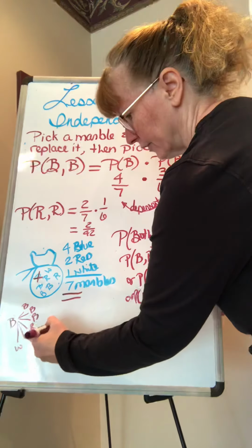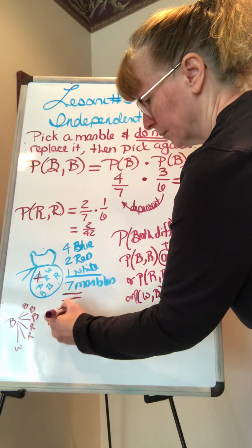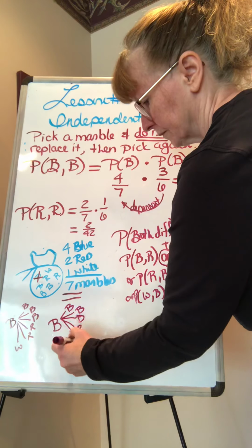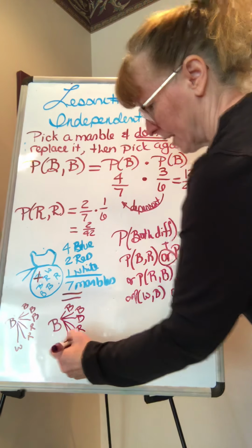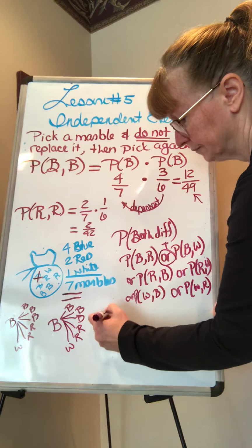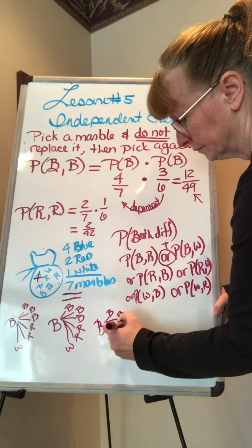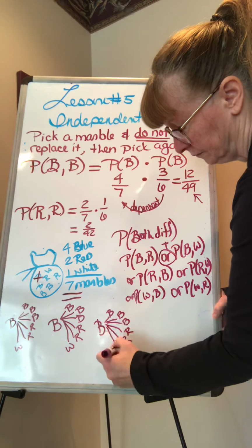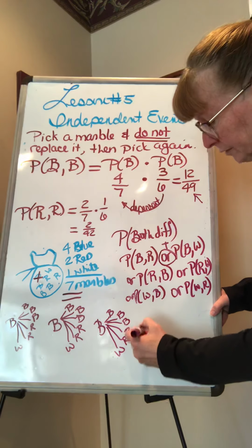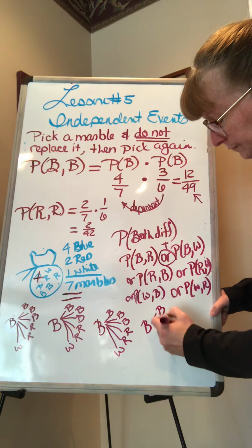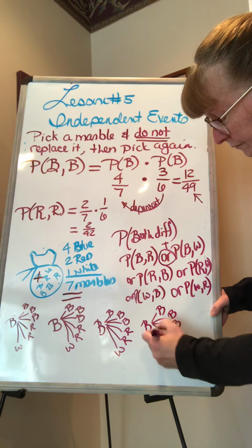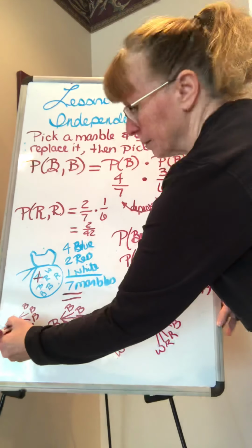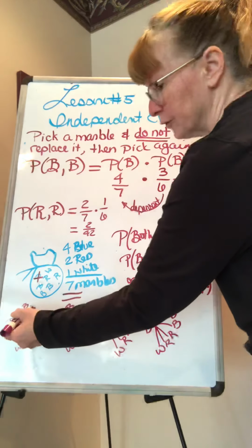This is happening for blue 1, blue 2, blue 3, and if I would have picked the 4th blue marble first. So again, this would have been if I picked blue 1 first. Then I had 2, 3, 4.